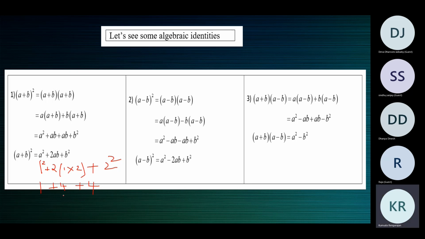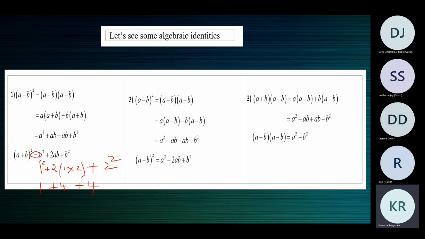A plus B the whole square is equal to A square plus 2AB plus B square is an algebraic identity. Algebraic because it involves the variables A and B. Identity is an equality, meaning it will involve this equal to sign.